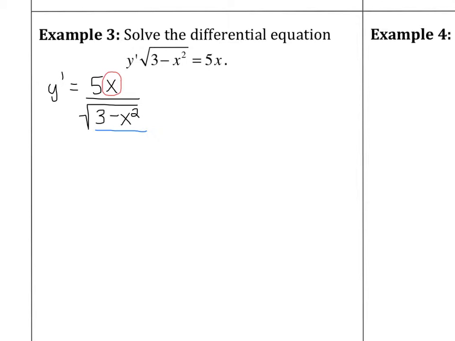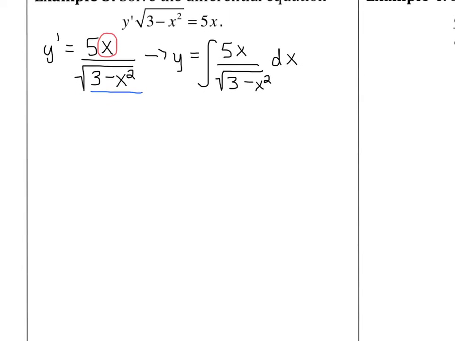Before we get too far ahead of ourselves, we're pretty much just saying if the derivative of our function is 5x over root 3 minus x squared, then function y will be the antiderivative of the expression on the right. Okay, here we go, dx, and let's do our u sub.